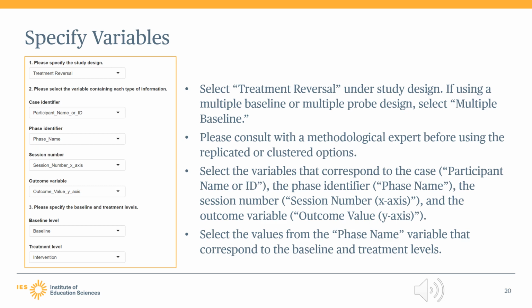These options should not be used unless in consultation with review team leadership and a methodological expert. Select the appropriate column names corresponding to the case, phase, session number, and outcome value. Finally, you'll need to specify which values correspond to the baseline and treatment conditions in the phase identifier column.